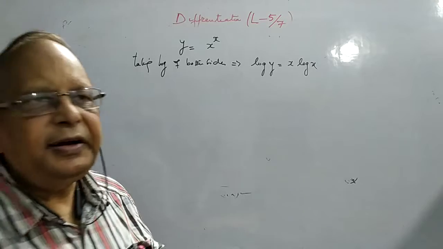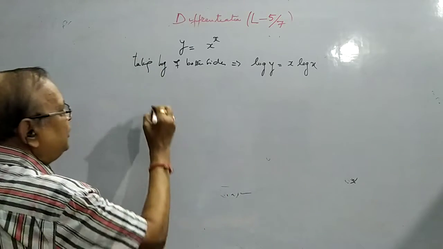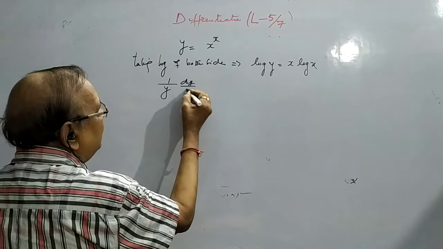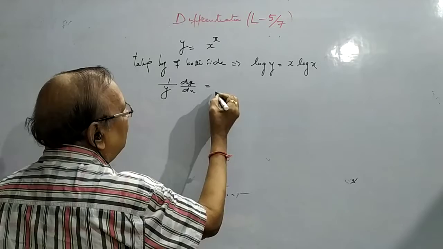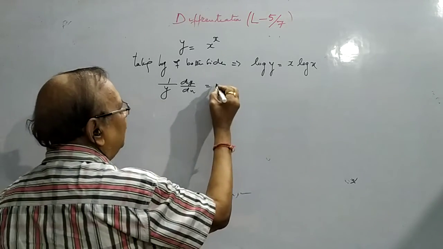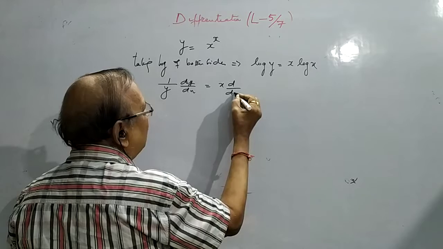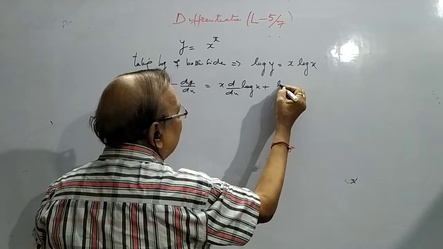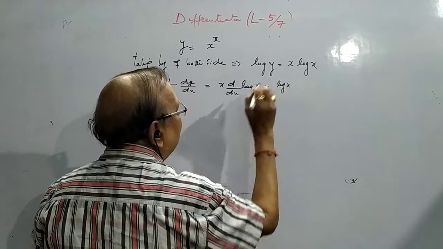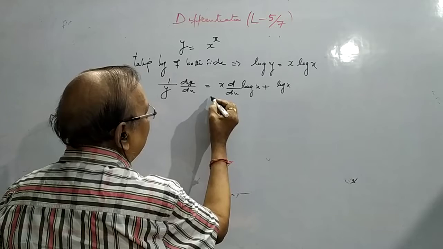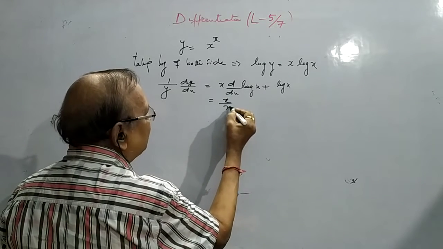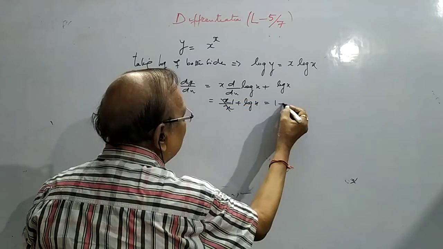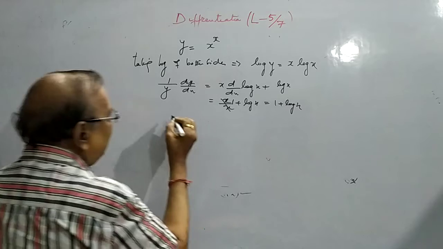Now, treating it as an implicit function, differentiating both sides, what we get? 1 upon y dy by dx is equal to, now that is a product, x into d by dx of log x plus log x into d by dx of x, which is 1. That is x upon x plus log x, that is 1 plus log x.